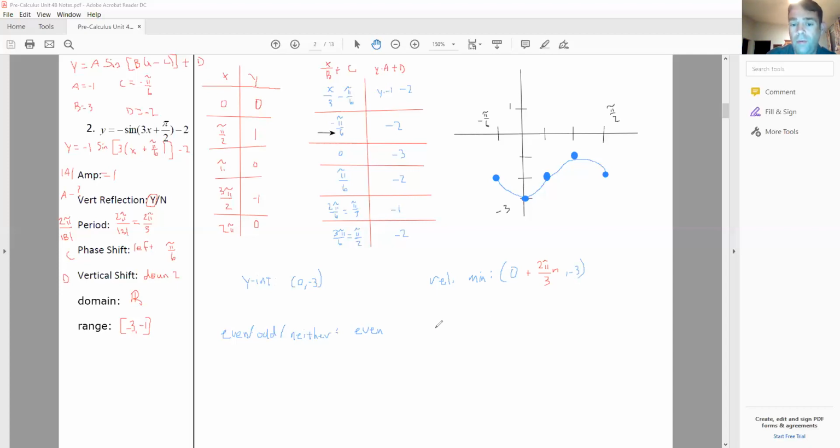And then I'm going to add my relative max in. So the graph goes from increasing to decreasing. And that happens at pi over 3, plus 2 pi over 3 n, and -1.